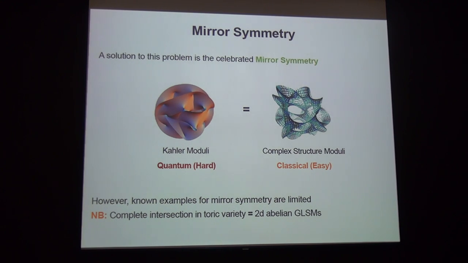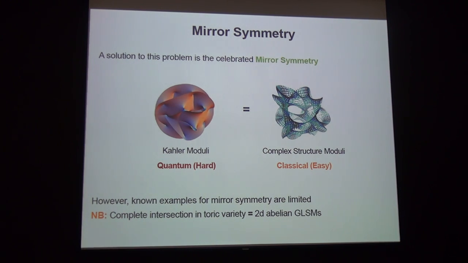So in other words, the quantum problem on the one side, computing these worldsheet instanton corrections, can be mapped to a classical and purely geometric problem, which we can solve relatively easily. So that is the reason why this mirror symmetry was so powerful.